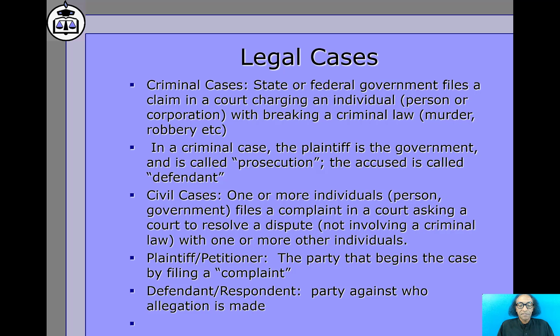Now, civil cases are different because the complaint in a court is asking to resolve a dispute that does not involve criminal penalty.